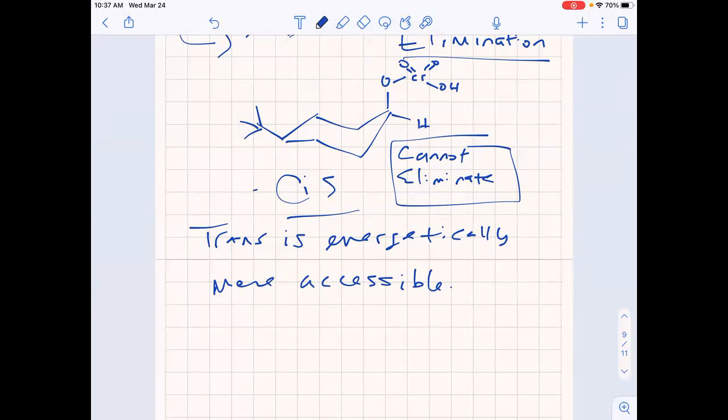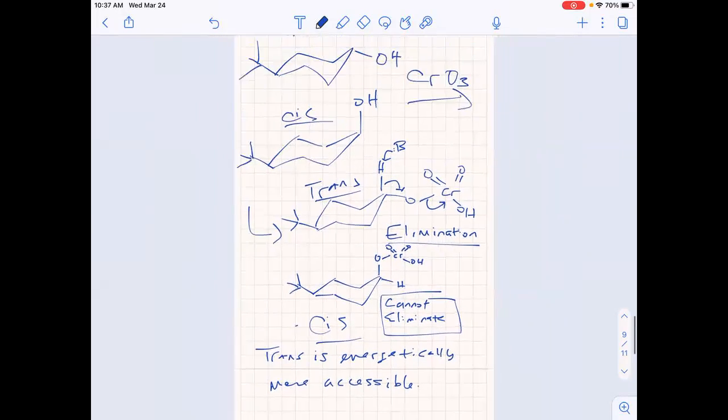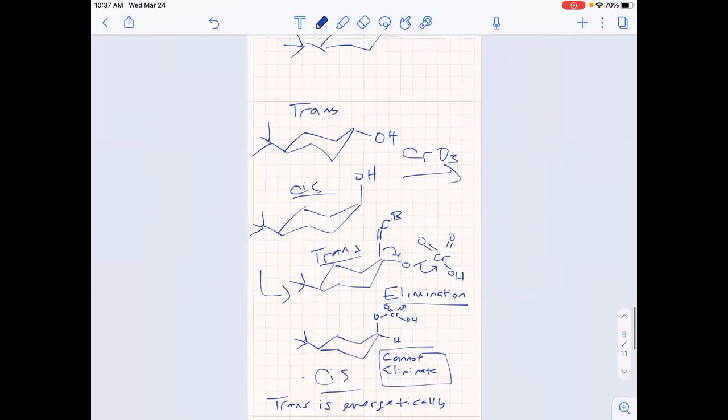All right, any questions about either of the two examples that we just looked at? All right, let's look at one real quick.